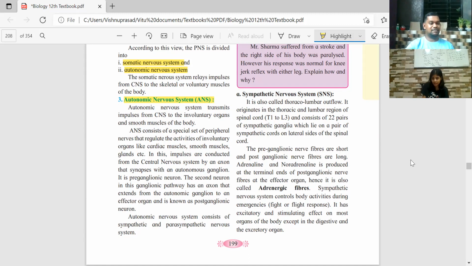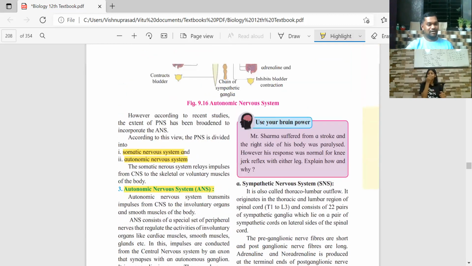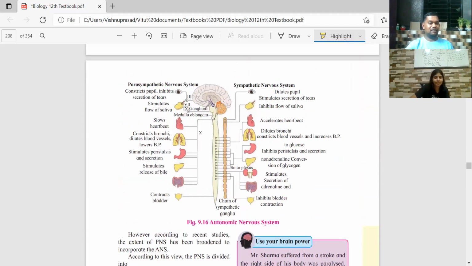And peripheral nervous system is a part of the central nervous system. अभी autonomic nervous system के दो type है: parasympathetic nervous system and sympathetic nervous system.